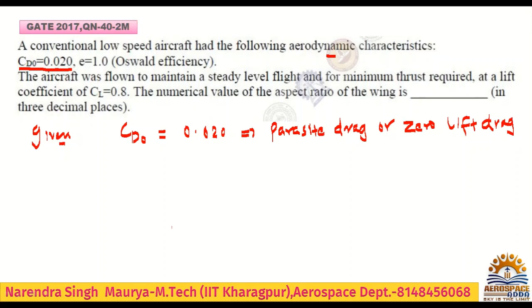Now they have given e. What is e? e is the Oswald efficiency.